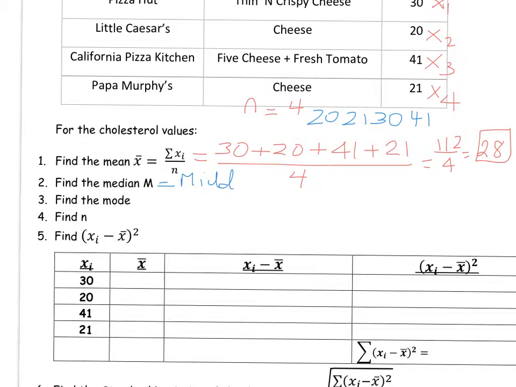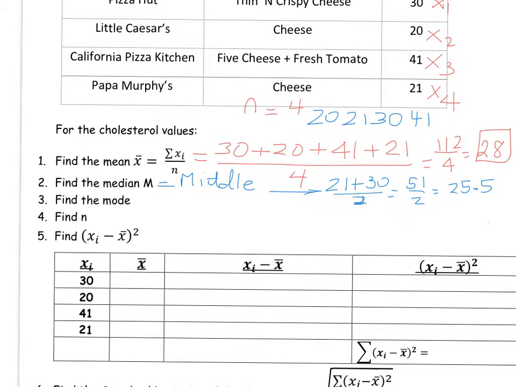I don't have a true middle, I only have 4 numbers, so I have to find the average of the 2 middle numbers. So 21 plus 30 divided by 2 is equal to 51 divided by 2, which is equal to 25.5.